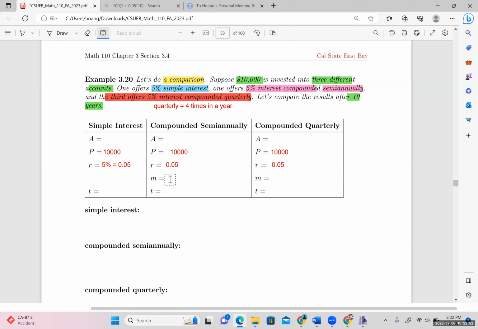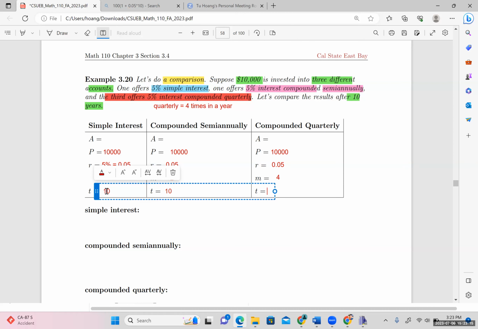Then we don't have M. The second one is compounded semi-annually, which means 2 times a year. So M is 2, and M here is 4, because compounded quarterly. T for everyone will be 10 years, so just put 10 for everyone.